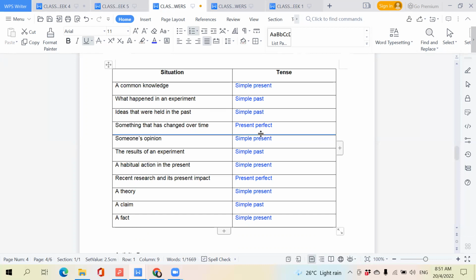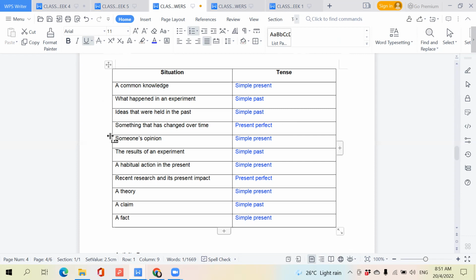This is present perfect. Okay, present perfect is something like you did this in the past, but it is still continuing today. For example, you enrolled as a student of UPM 3 years ago. So right now, you're still a student at UPM.